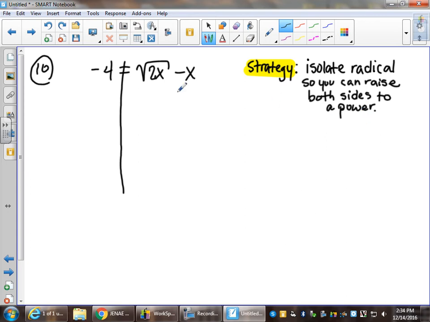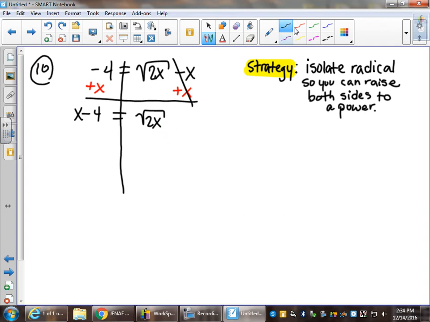So what does that mean for this example? Well, here's my radical. Let's move x. So I'm going to add x to both sides. This has become x minus 4 on the left, and now I have the square root of 2x all by itself here. I have isolated the radical.